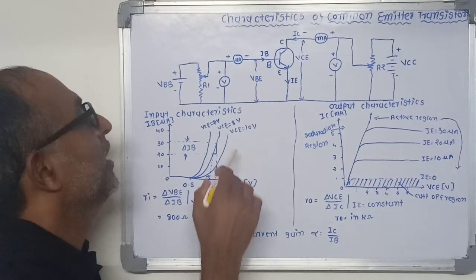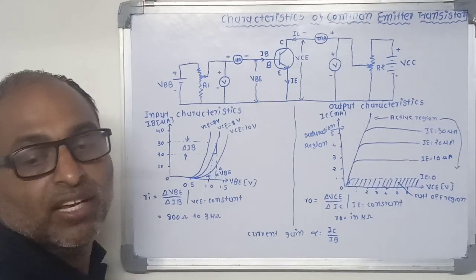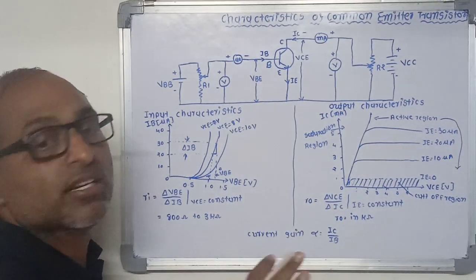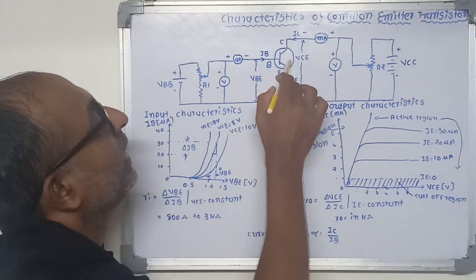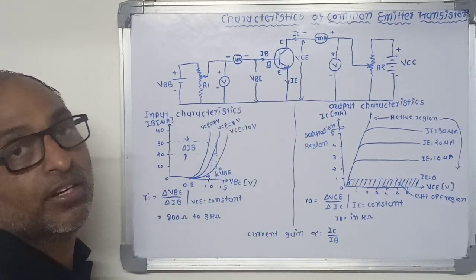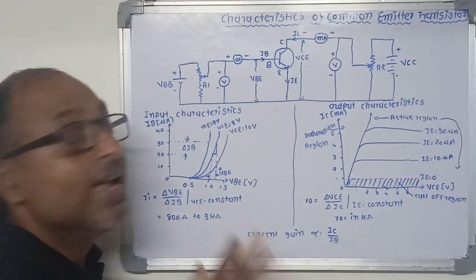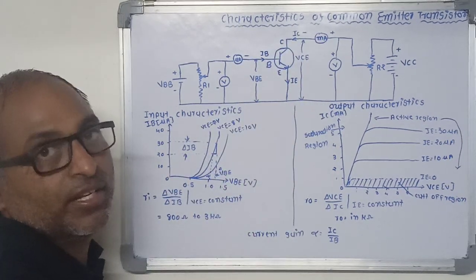Now if we increase the output voltage from 0 to 10 volt, it will further increase the depletion layer between the collector and base junction. Now the base region is lightly doped as compared to the collector and emitter regions.